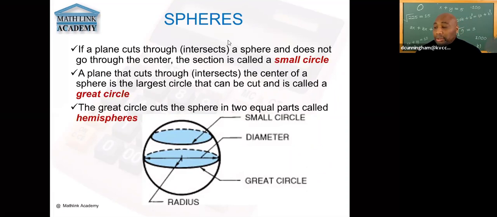And so the great circle cuts the sphere in two equal parts called hemispheres. Notice also this is the diameter from here to here, and the radius will be half of that from the center, and this is the radius. Okay, so that's a visual of a sphere.